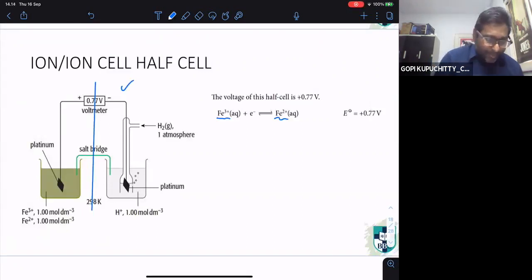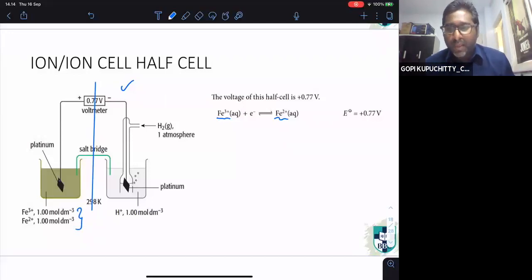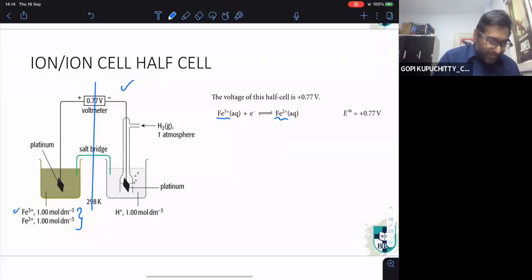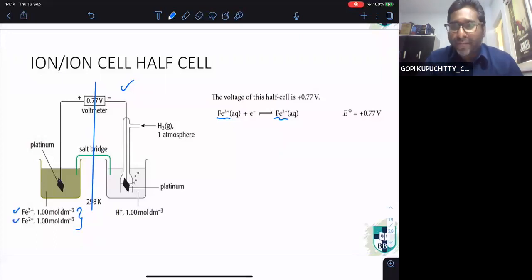And then just put platinum wire, and make sure that they are in 1 mole per dm cube, under standard condition. You put all of them together, Fe3 plus and Fe2 plus, mix. But you need to be very, very careful when it comes to ion half cell.